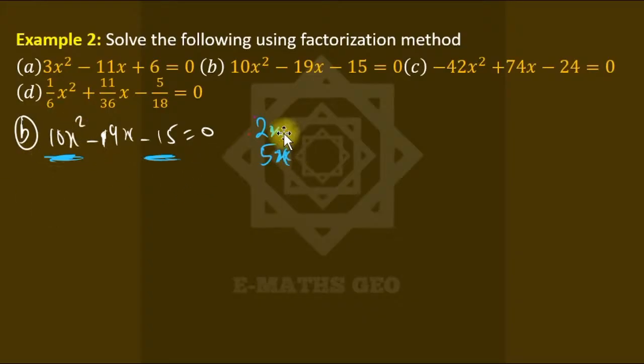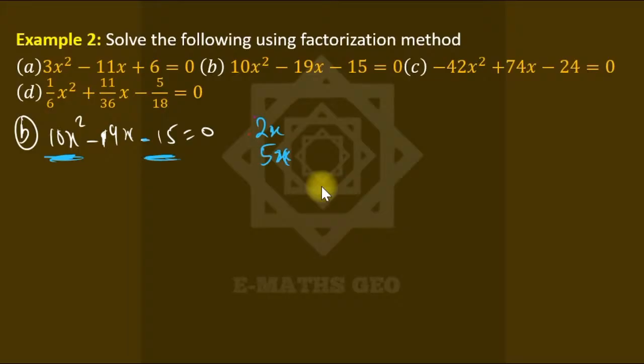I could make the first one 5x or negative 2x, but most times we make the first one positive. The sign depends on the second one. So if you look at minus 15, you can combine two numbers that will multiply to give you negative 15. It could be 3 and 5, it could be 15 and 1. So one will be positive, the other one negative.